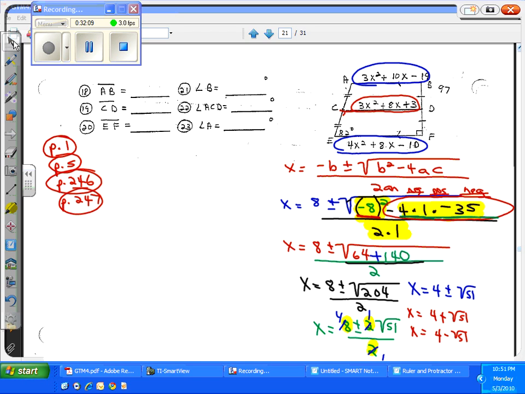Let's just say we want to find AB. AB was the upper base. It's 3x squared plus 10x minus 19. And x is 4 plus square root 51, or 4 minus square root 51.